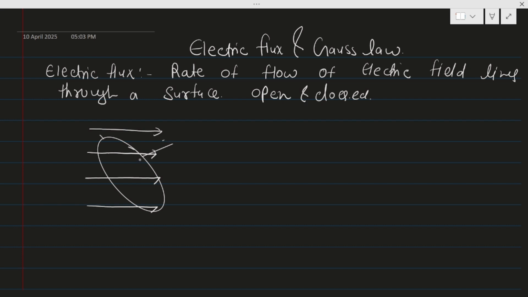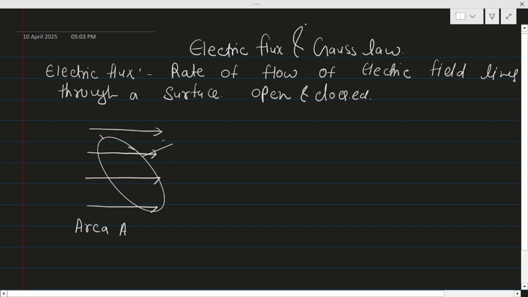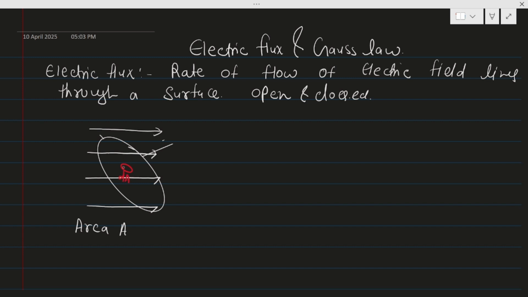It has area A, and I talk about an area element, dA.